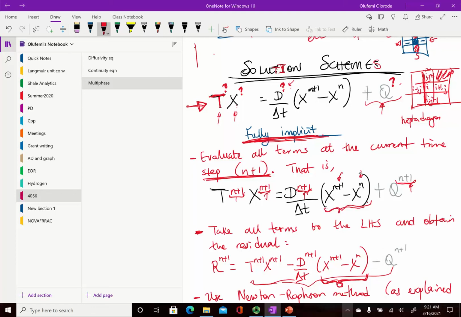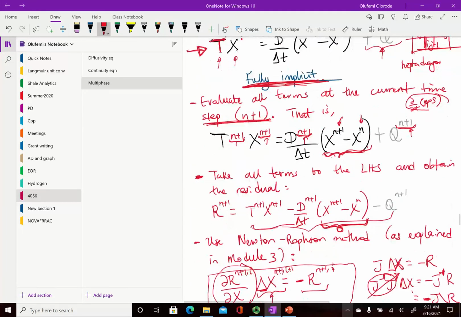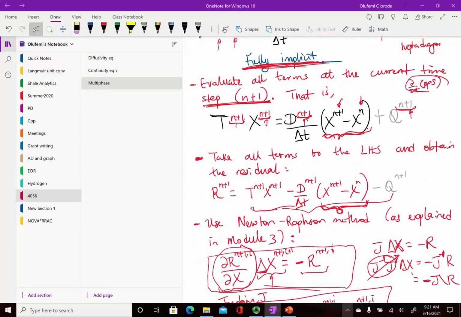Your time level does not change because those came directly from the discretization of the storage term on the right hand side, which was originally ddt of phi rho s. So those don't change. They came from the backward finite difference approximation to the first order.